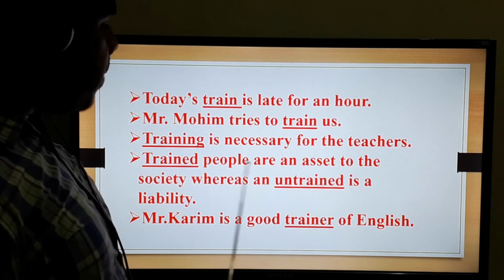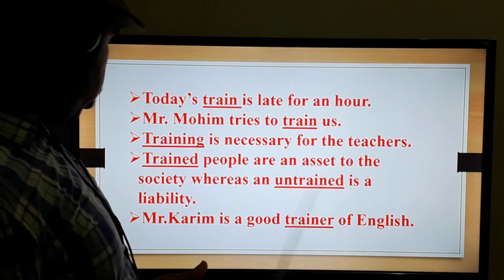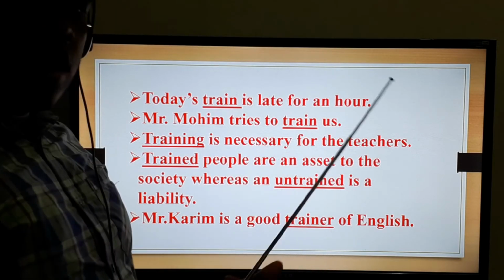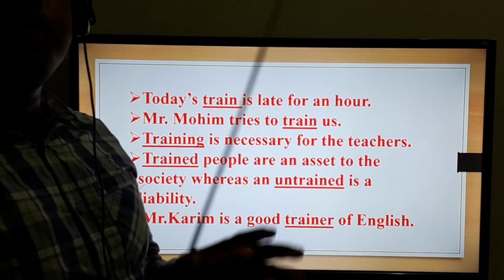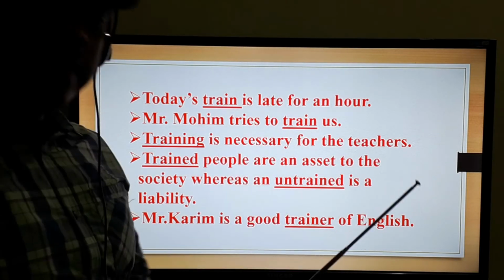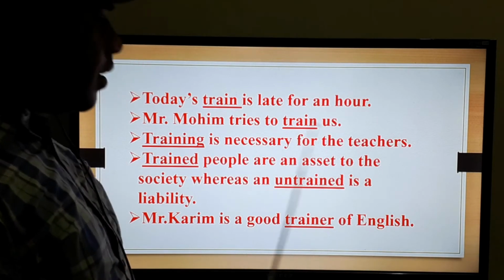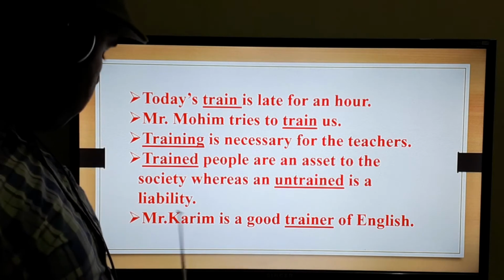Then, trained people are an asset to the society, whereas the untrained are a liability. So dear students, trained and untrained are opposite words to each other. So trained people, those who have skill, are an asset to the society. On the other hand, the untrained are a liability to the society.